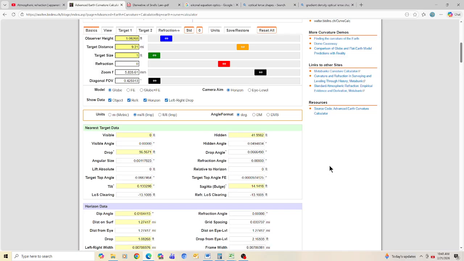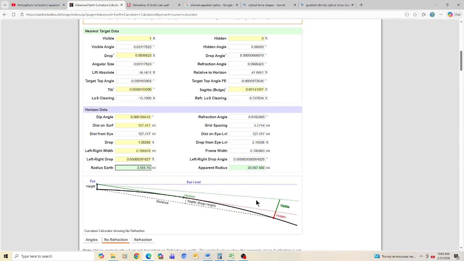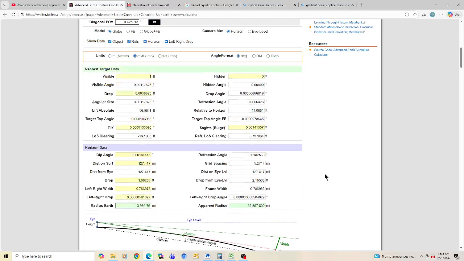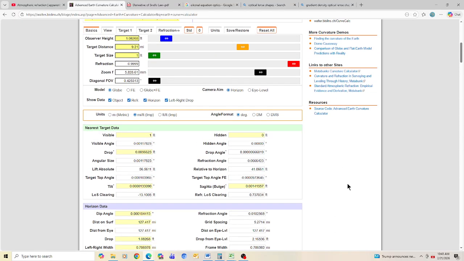And the method of spreading out that refraction across the complete 9.21 miles requires them to assume the max amount of distortion required to make the apparent radius, oh hell, how many times more is that? 1,000 times greater? The radius would have to appear to be 1,000 times greater to assume this.